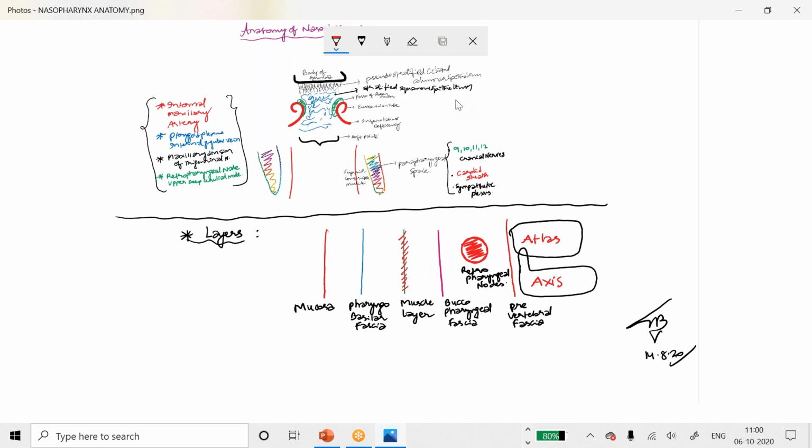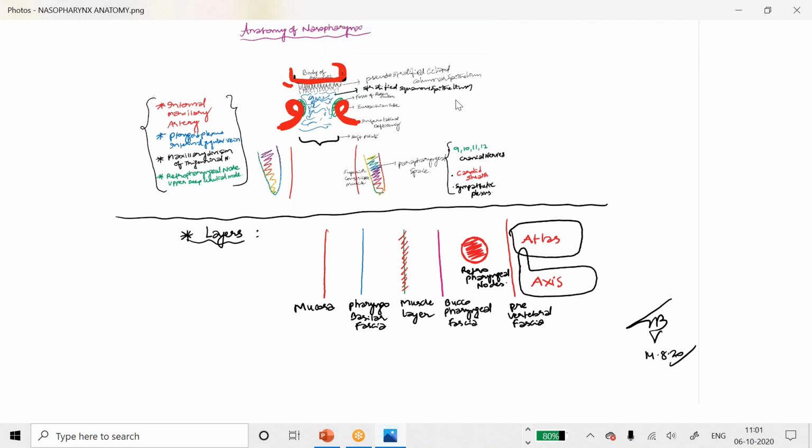You could see below the body of the sphenoid at this level, the body of the sphenoid is there over here, and on either side is the inferolateral deficiency, which is present at the eustachian tube orifice. This is the posterior wall of the nasopharynx. Draw a line like this, and draw an opposite line like this.